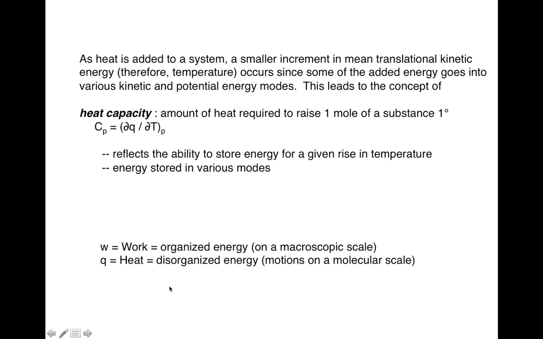Okay, now let's imagine adding heat to a system. We take a solution of a protein, and we're adding heat to it. Some of that heat, that energy, is going to go into moving the protein molecules, or in a simple gas, moving things around. But some of it is going to go into potential energy because you're going to start stretching the bonds, the bond angles, doing rotational movements and so forth.